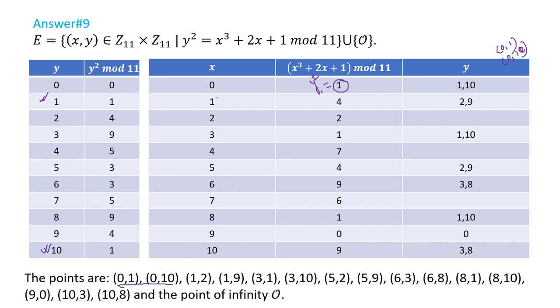Similarly, putting x equal to 1 gives you 4, and 4 is the square of both 2 and 9. So 1 comma 2 and 1 comma 9 are points on the elliptic curve. In the same manner, you can compute the rest of the values.